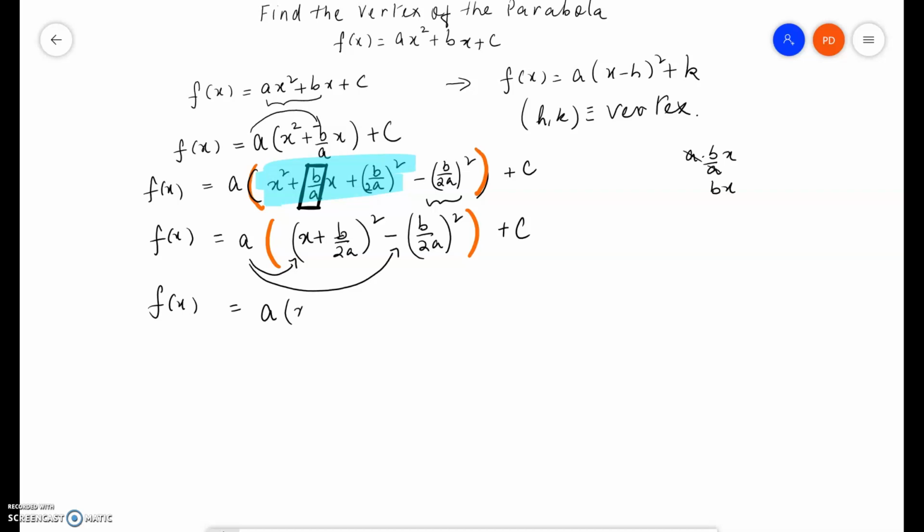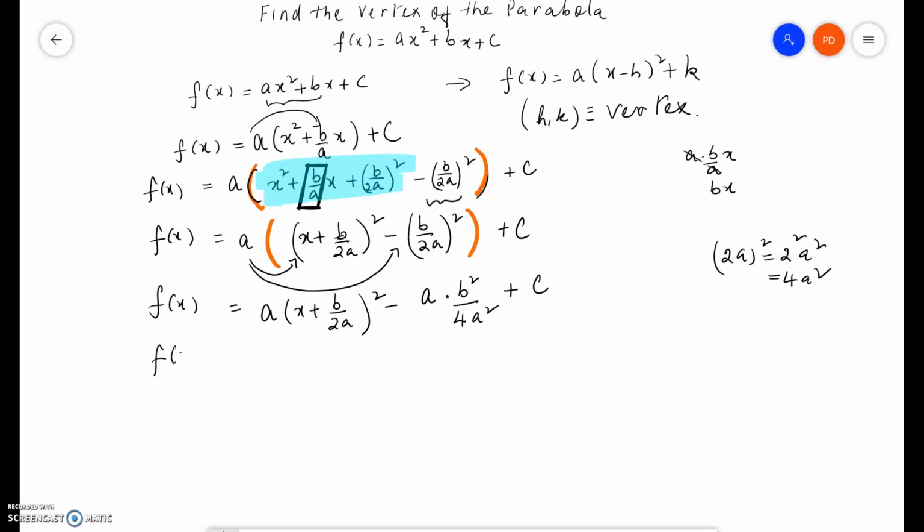So that's a times x plus b over 2a the whole squared minus a times b over 2a the whole squared, which is b squared over 4a squared. We square the numerator and the denominator. So 2a the whole squared is 2 squared a squared, and that's how we get a 4a squared, plus c.